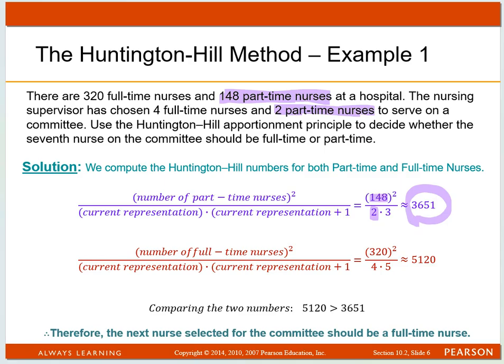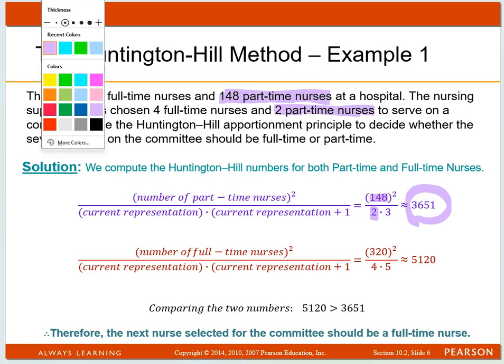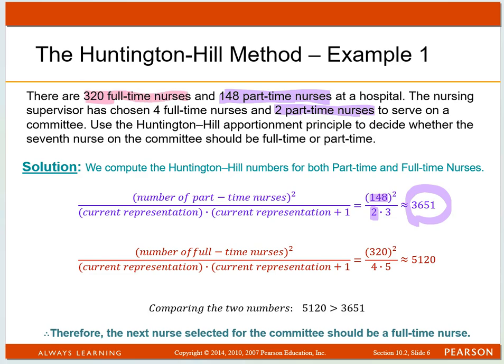I then am going to go to the full-time nurses, which looks like a reddish color, but that's going to be too dark, so I'll just use pink. There were 320 full-time nurses. There's the 320. You square it, and they already had 4 full-time nurses on the committee, so there's the 4, and you'll multiply it times 5, because that would be 1 more nurse.